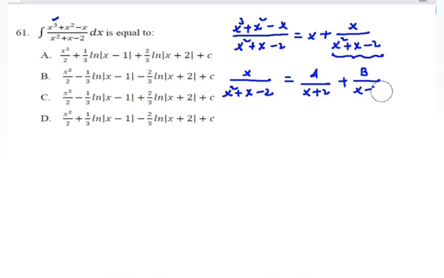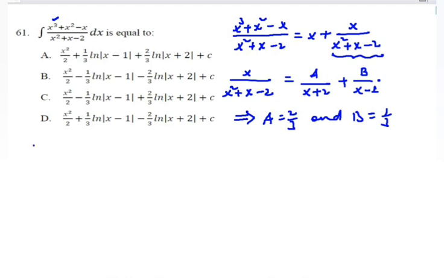Okay, here it should be x minus 1. So using decomposition into partial fractions, you can determine the values of a and b. Crisscross it and equate with this expression. When you do this simple crisscross, you get a is 2 over 3 and b is 1 over 3.